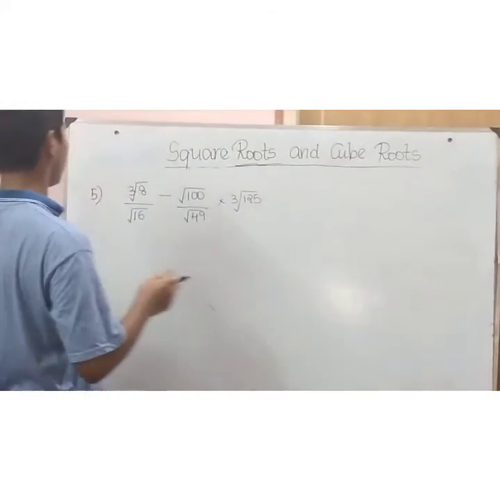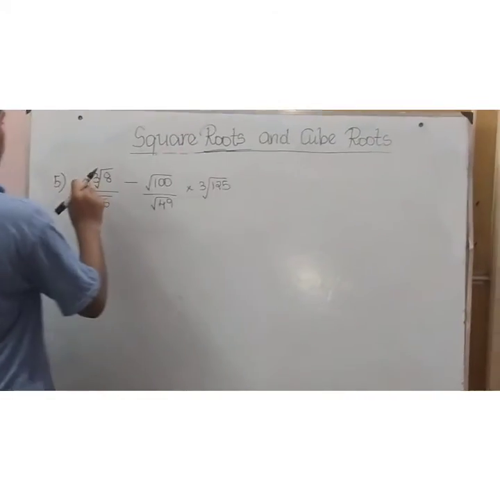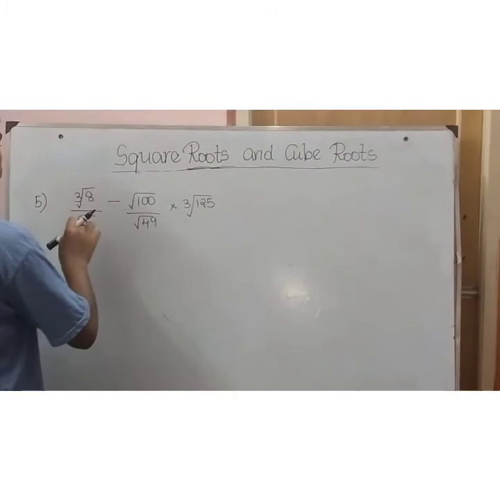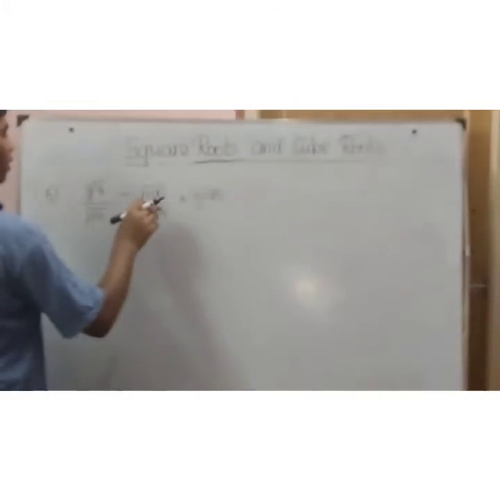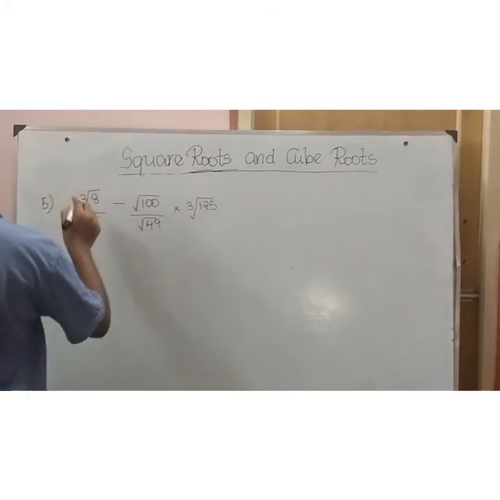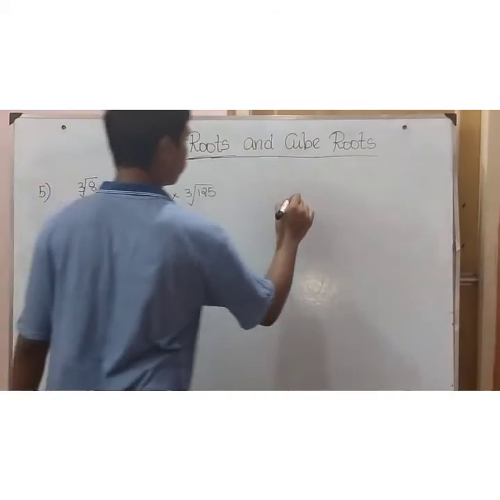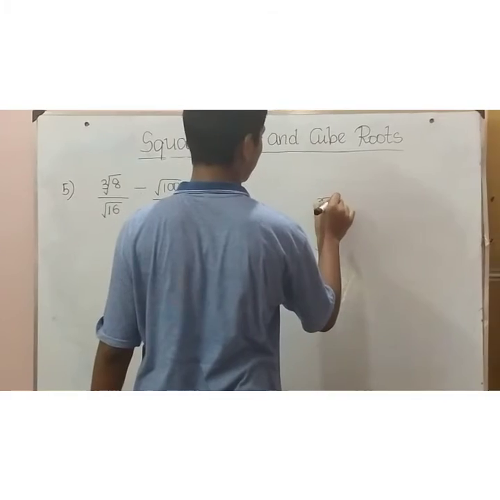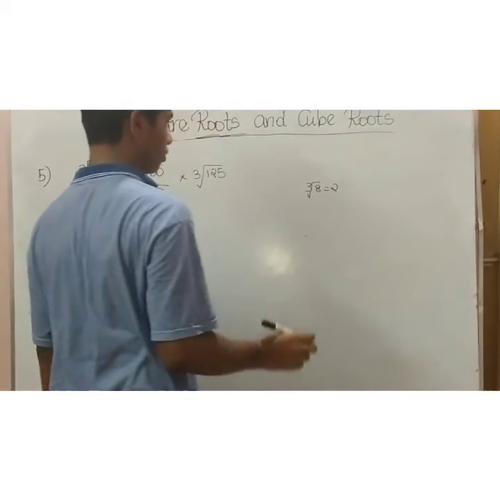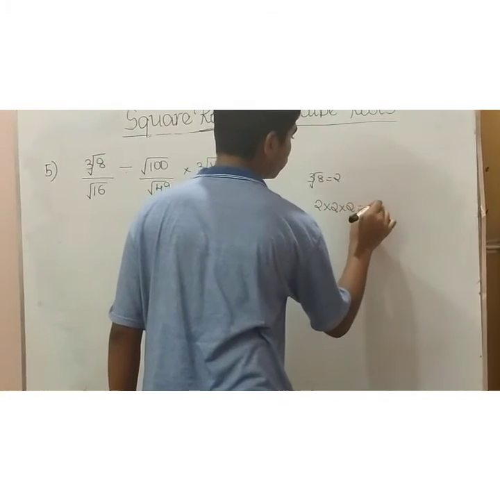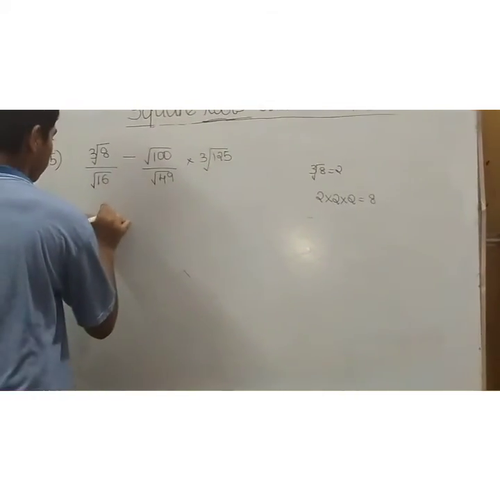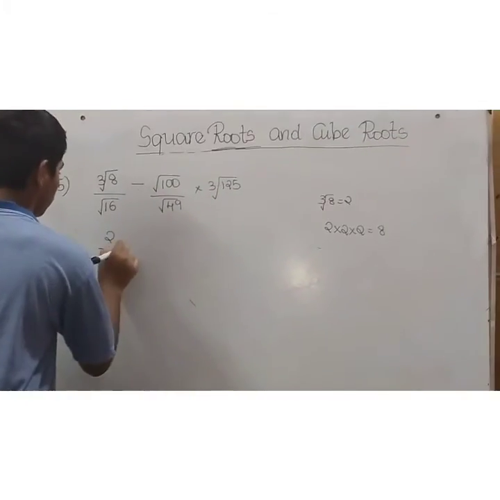Now the fifth problem. I will read the question: cube root of 8 divided by root 16, divided by root 100 divided by root 49, into cube root of 125. We all know that cube root of 8 is 2, because 2 into 2 into 2 is 8.